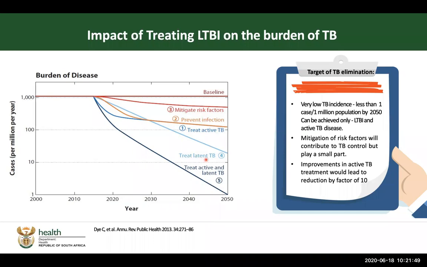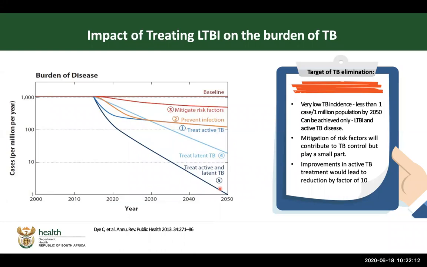Even the treatment of latent TB infection on its own would not get us to our end TB goals anytime soon. However, it is the combined effect of these interventions, especially where, as a country, we adopt that we need, one, to treat active cases, so it's a tick.